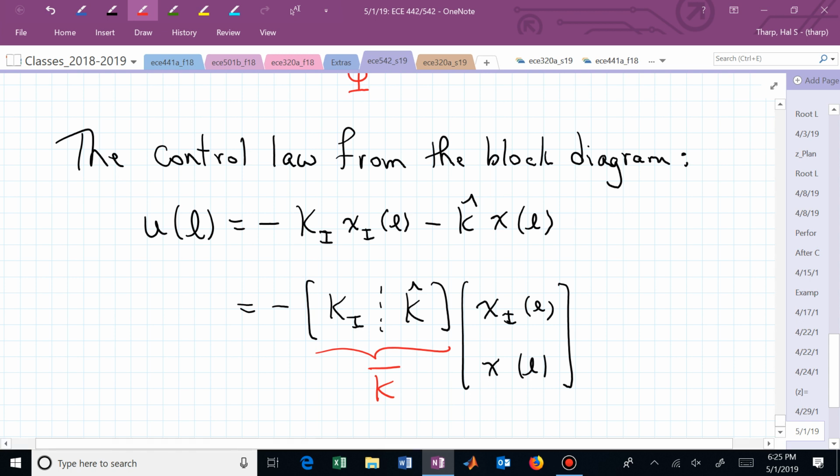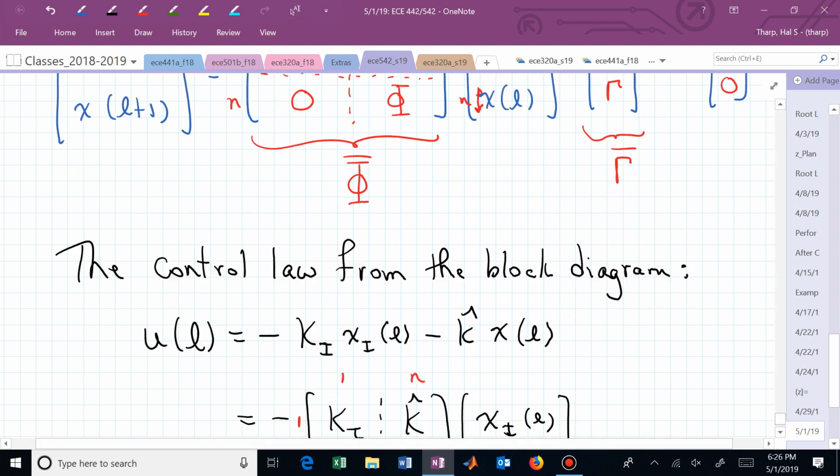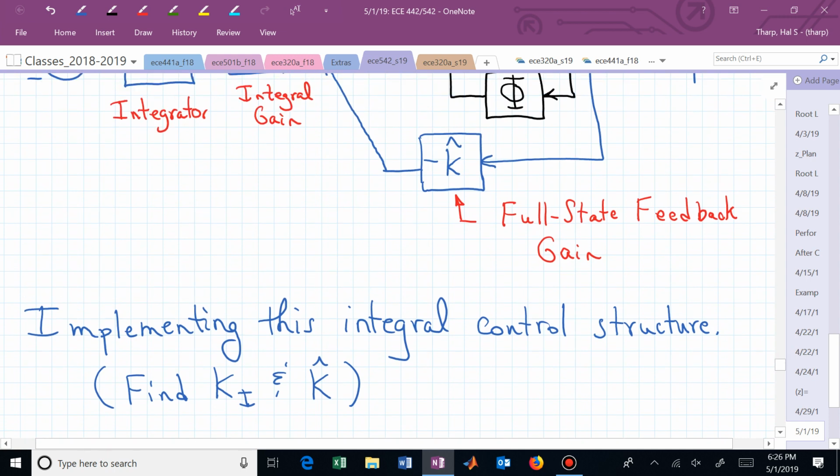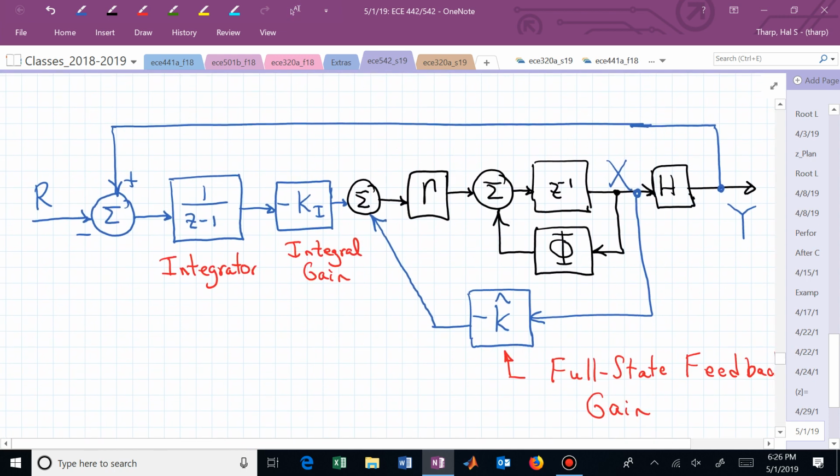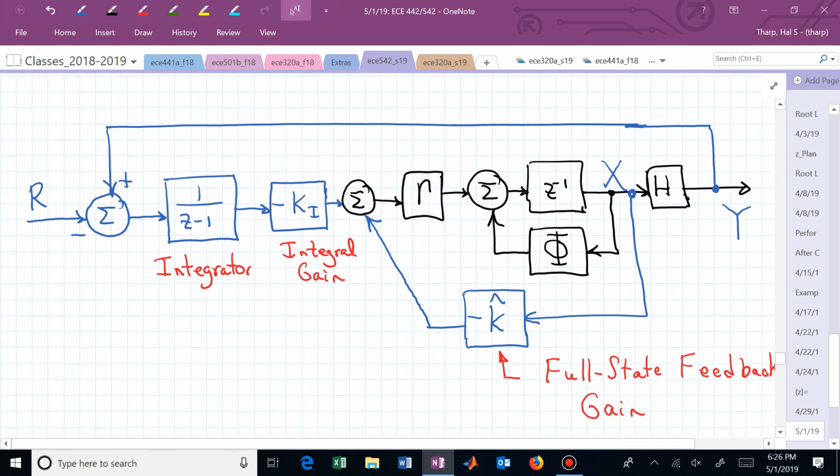Let's say it's single input, that's 1, this is 1, and this is n. So now it's a 1 by n plus 1 row vector. That's k bar. And that's what you could use up here to control your integral controlled system. You'd now plug in the k hat where it belongs and the k sub I where it belongs, and that's now how you could control your system.